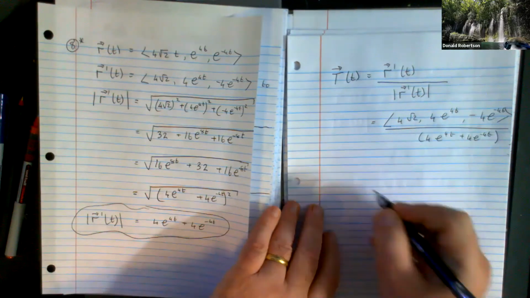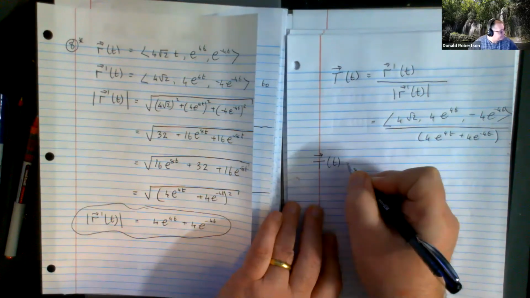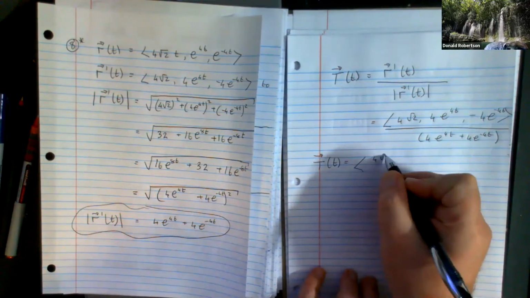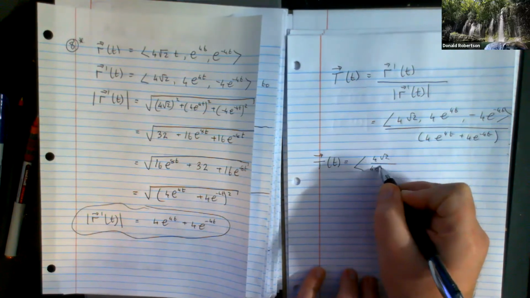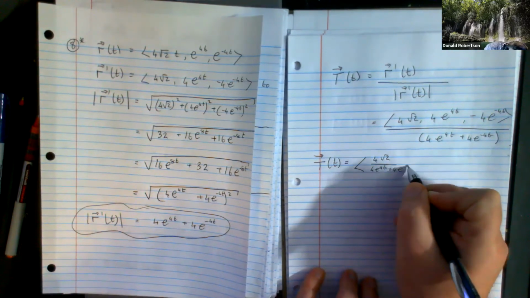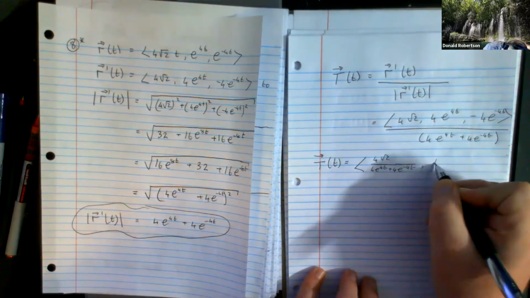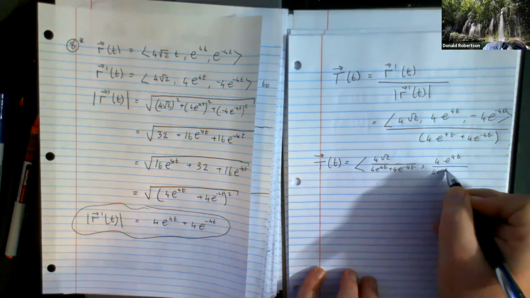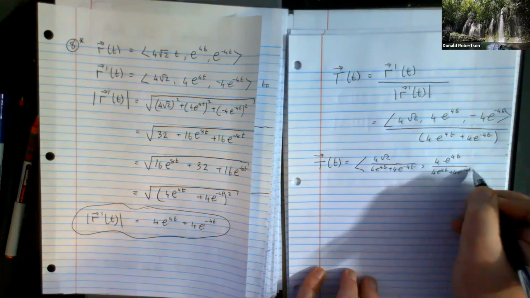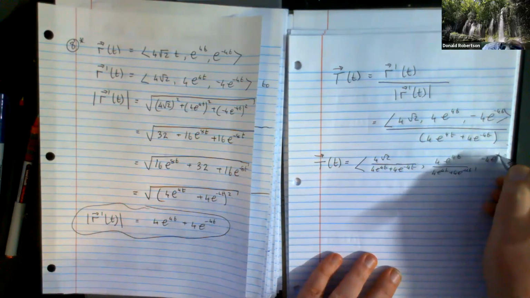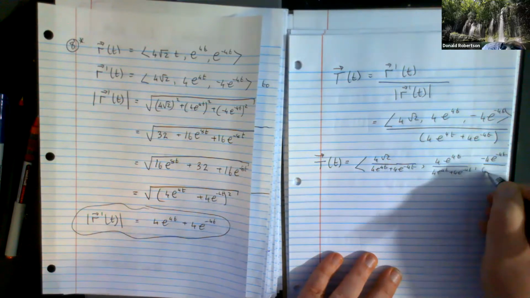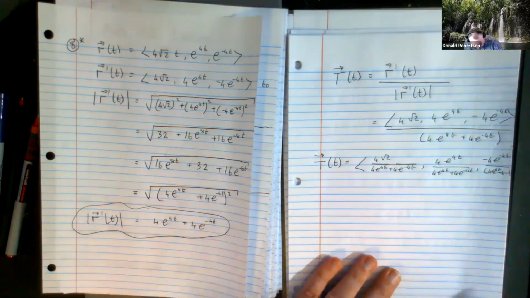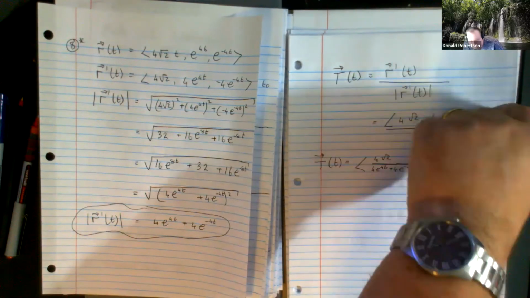So the unit tangent vector is going to be 4 root 2 of all of this guy, this fella over that guy, and finally this fella over that guy. I can't just squeeze it in, it's that tiny. But this guy over him, this guy over him, and this guy over him. And that is only that bit.